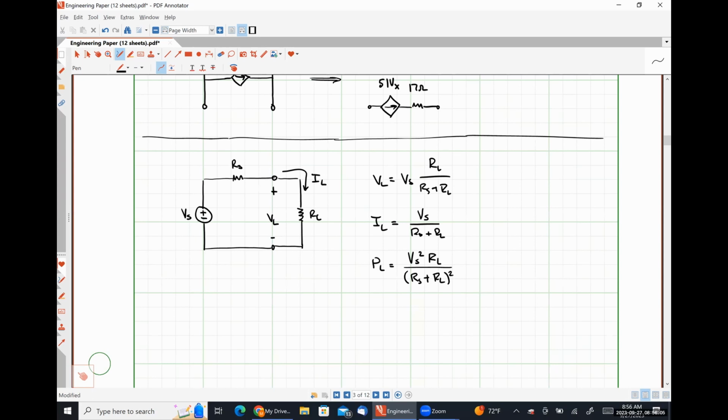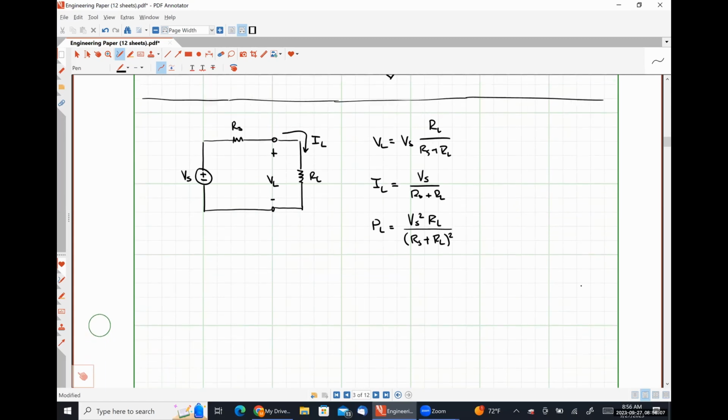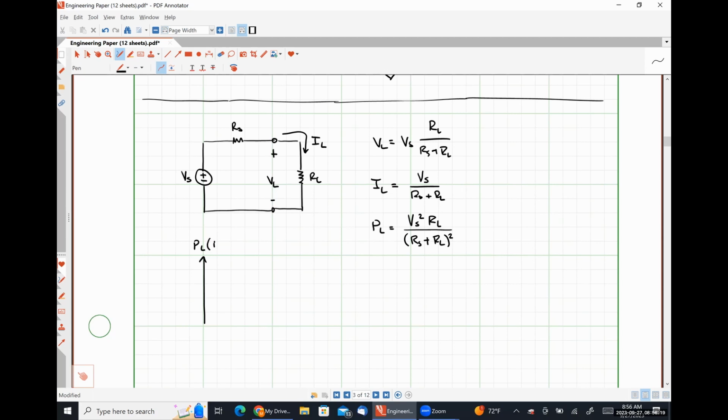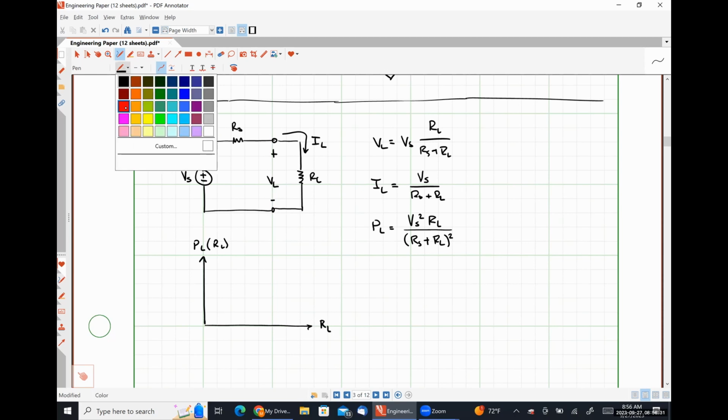So if I were to plot the power absorbed by my load as a function of RL, it would look something like this.